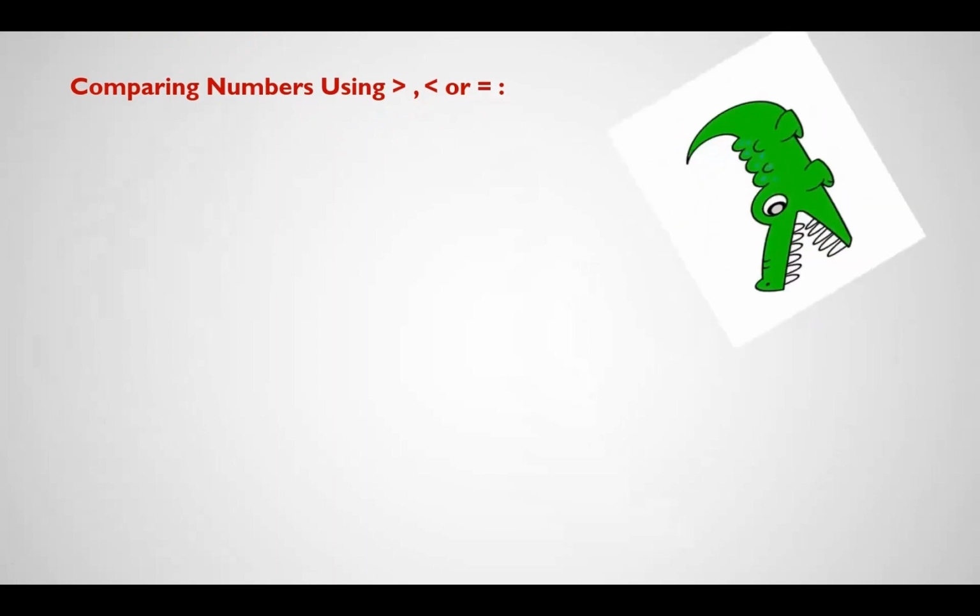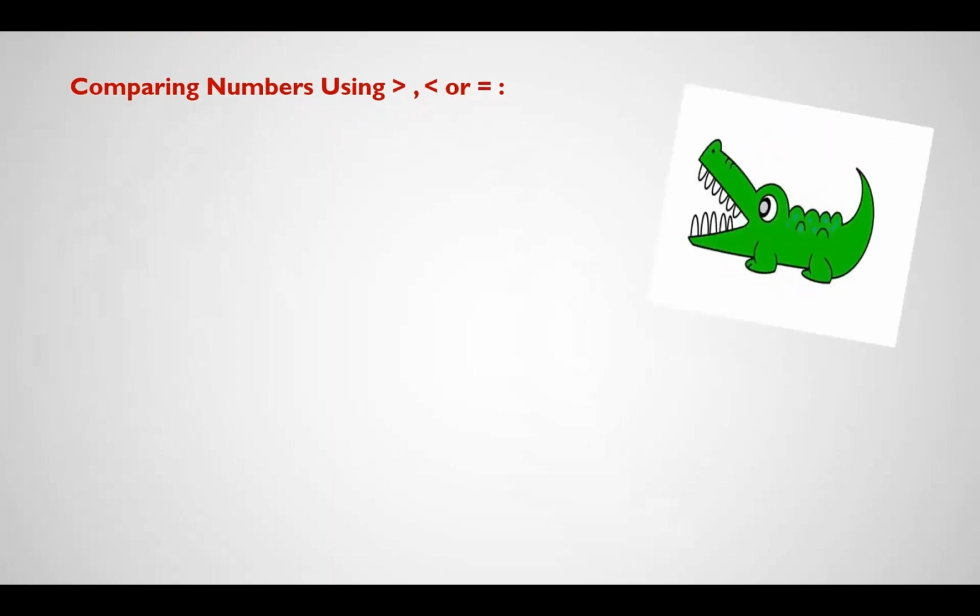Okay. We can write these words with sign. What are the signs? Can you remember the mouth of the alligator? Yes, this is a hungry alligator. It will eat the big number. So if he see a big number, he will go to it and open its mouth like that to eat it.